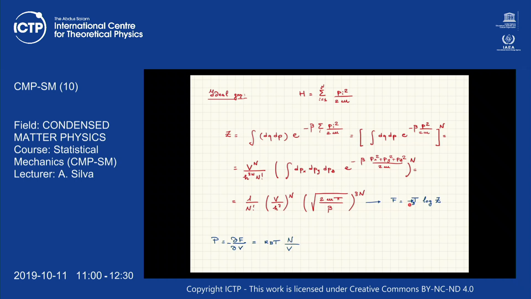The k_B T is already in front, and everything is beautiful and fine. So the equation of state for the ideal gas is encoded in a very simple way in the calculation of the canonical partition function. So PV is equal to N k_Boltzmann T.